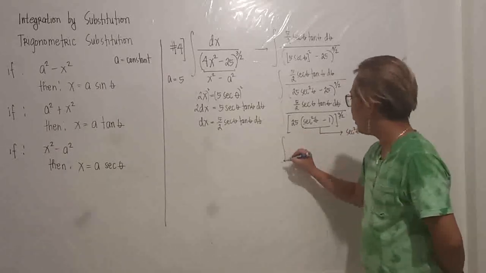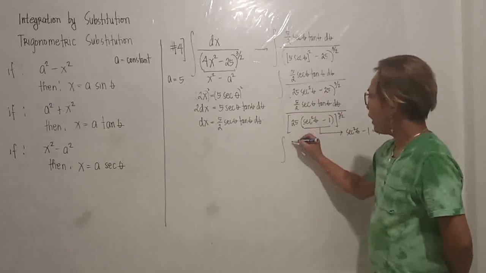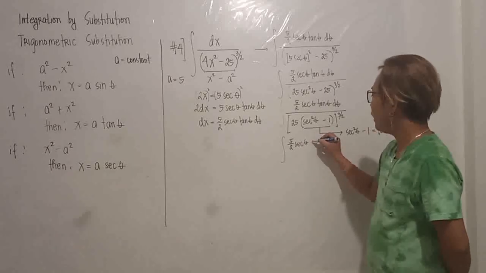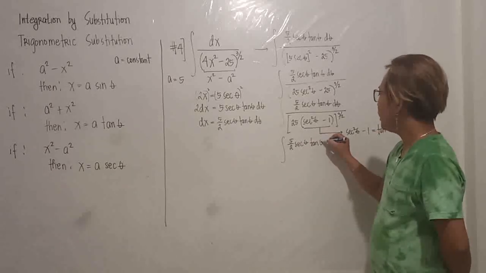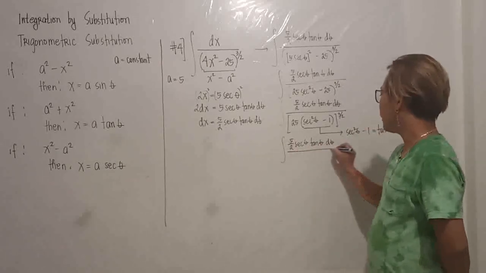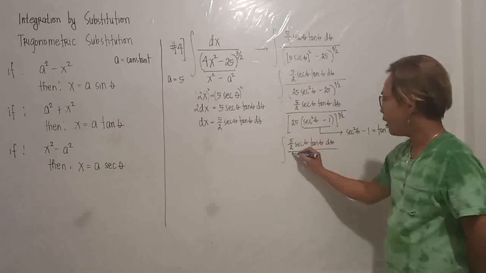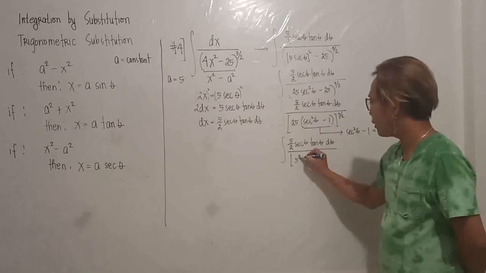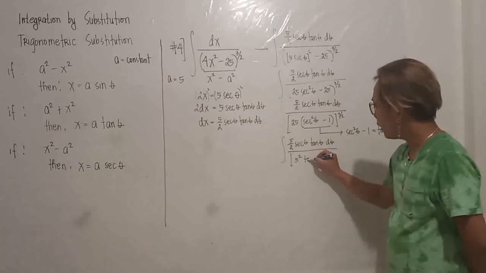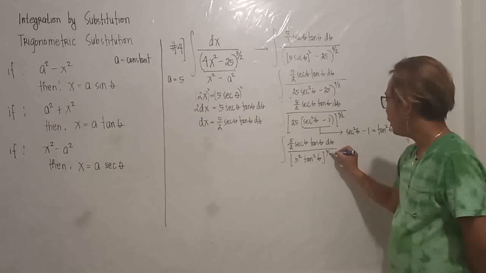Then the equation now is 5 halves, secant theta, tangent theta, d theta, all over 25 can be 5 squared. Then this part is tangent squared theta raised to 3 halves.